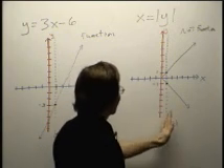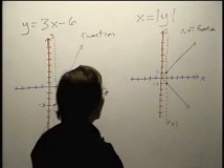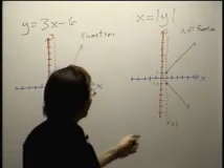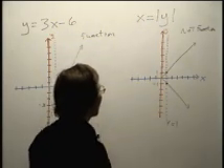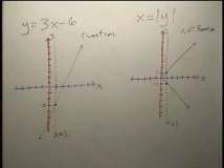And so I have one x value being related to two y values, and that means this cannot be a function. And so we see that if a vertical line intersects the graph of the relation in more than one spot, then that relation cannot be a function. We call this the vertical line test.